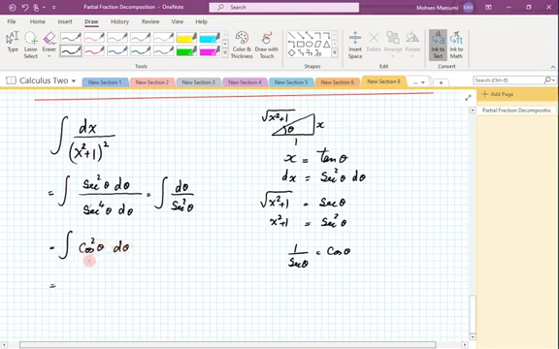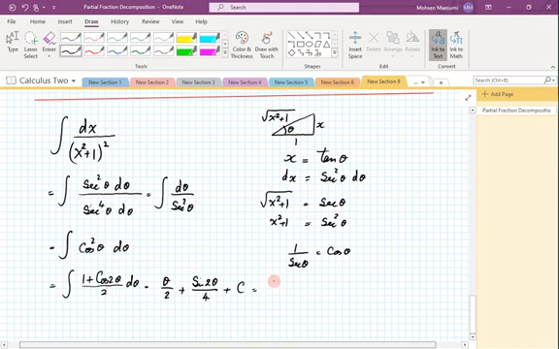Well, how did we handle that? You remember the double angle identities, or another method of your interest. So it would be (1 plus cosine of 2 theta) over 2. That's the double angle identity, which gets used quite often. Then what? The antiderivative of 1/2 is just theta over 2. The antiderivative of cosine of 2 theta is sine of 2 theta divided by 2, and another 2 makes a 4, and then a constant.